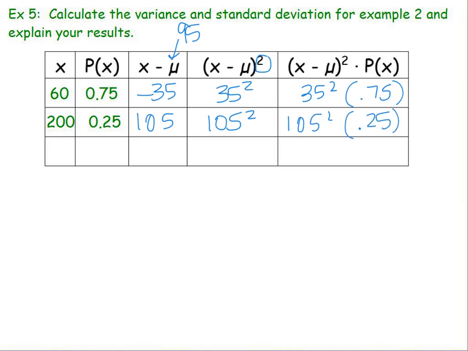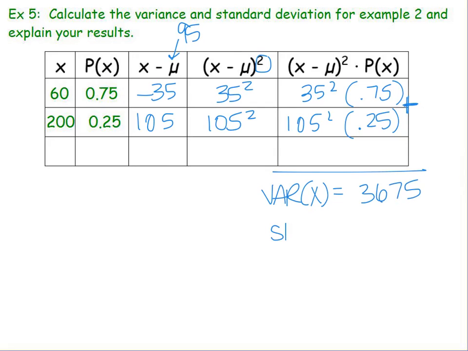And pick up your calculators. 35 squared times 0.75 plus 105 squared times 0.25. And if you remember, this is going to give us our variance. So I got a rather large number. I got 3,675. Hopefully you got that as well.